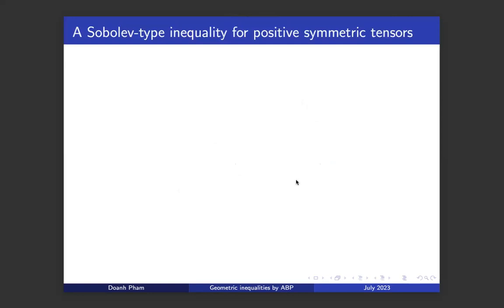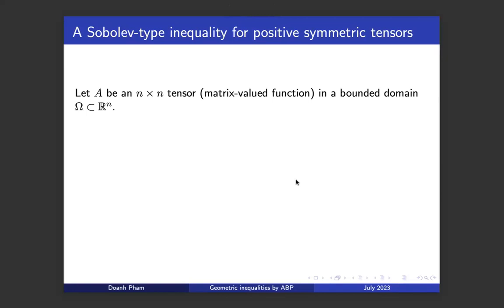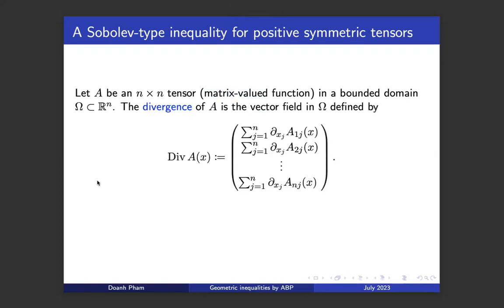Next, we are going to look at a generalization of the isoperimetric inequality. It is a Sobolev type inequality for positive symmetric tensors. Let A be an n by n tensor, and by a tensor we mean a matrix valued function in a bounded domain. Then the divergence of A is a vector field given by this formula.